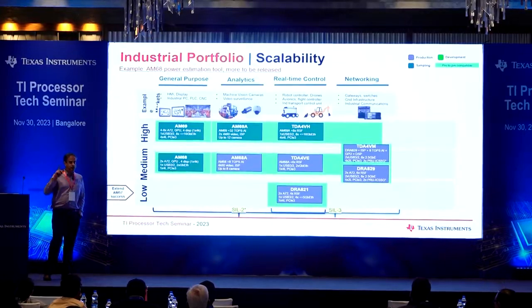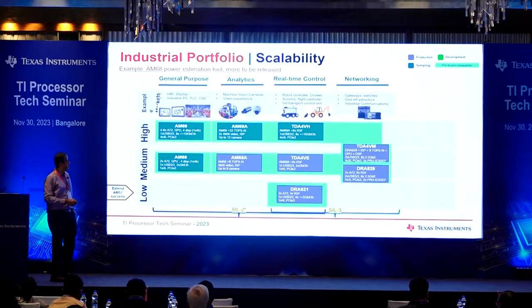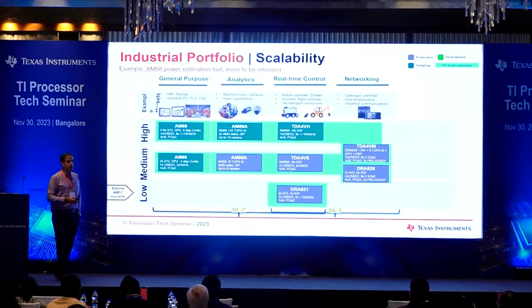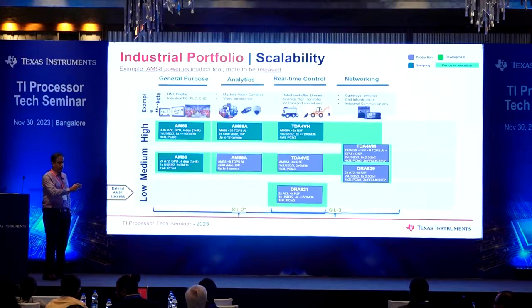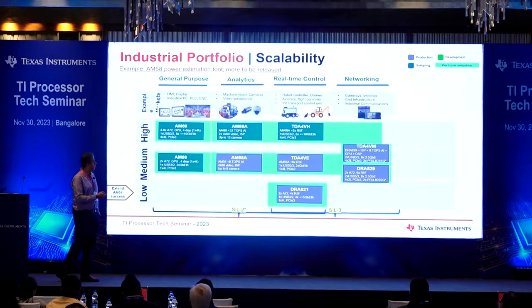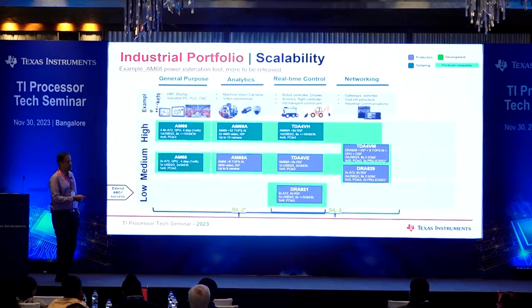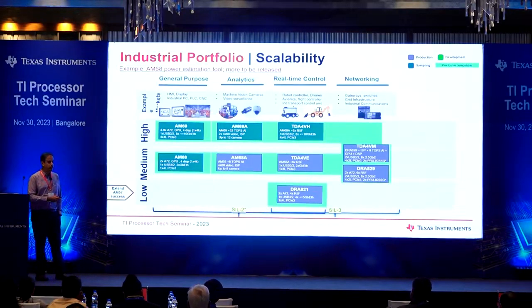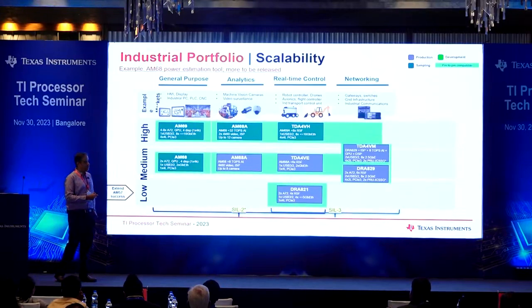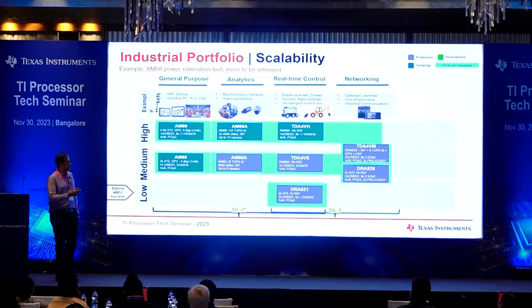I would really encourage you to check out the scalable demo in the room right outside, where you can see these demos in action, especially on the analytics front, all the way from the Sitara MPU family to the Jacinto family, all running similar code at different performance levels. From a TOPS enablement perspective, talking about AI and analytics, you've got devices that scale up in the Jacinto family from 8 TOPS to 32 TOPS, solving many problems in machine vision, video surveillance, and many others.